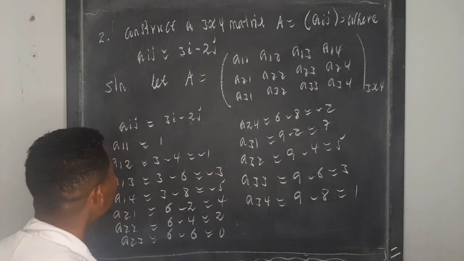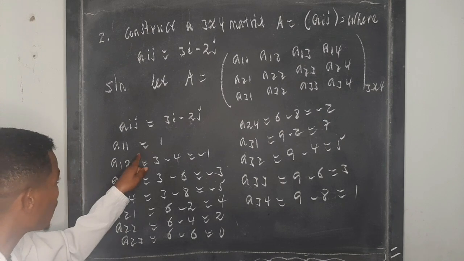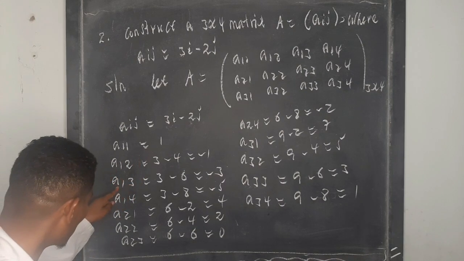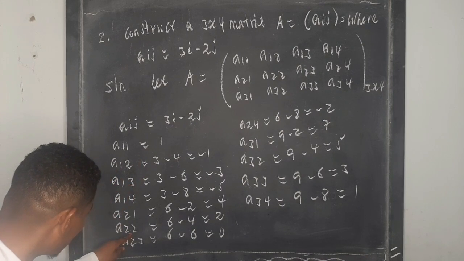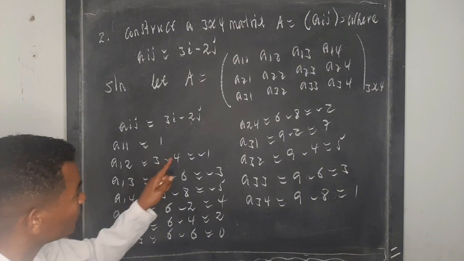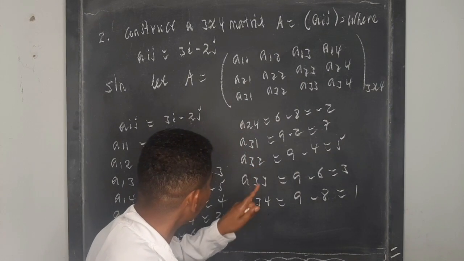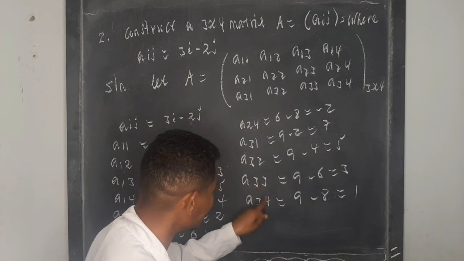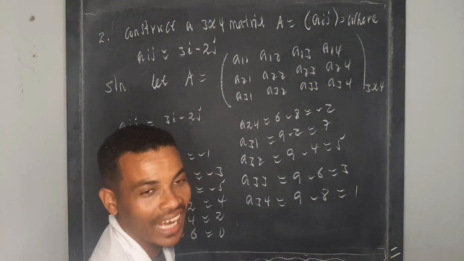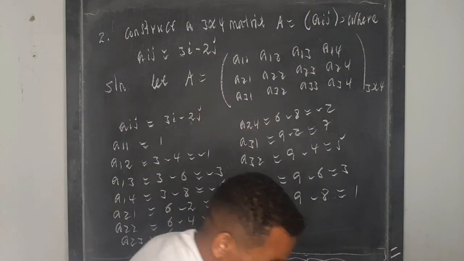So we have found every entry: a11, a12, a13, a14, a21, a22, a23, a24, a31, a32, a33, a34. So how does the matrix look?